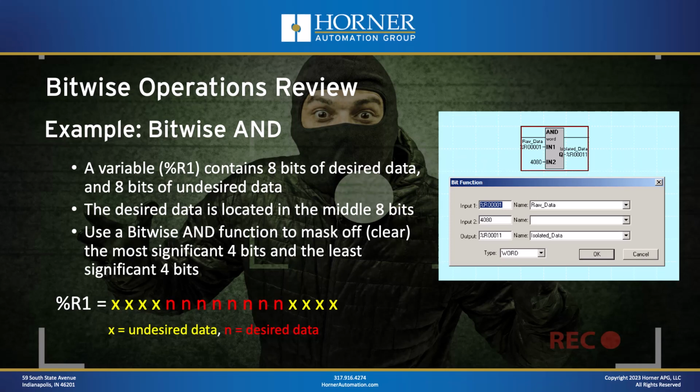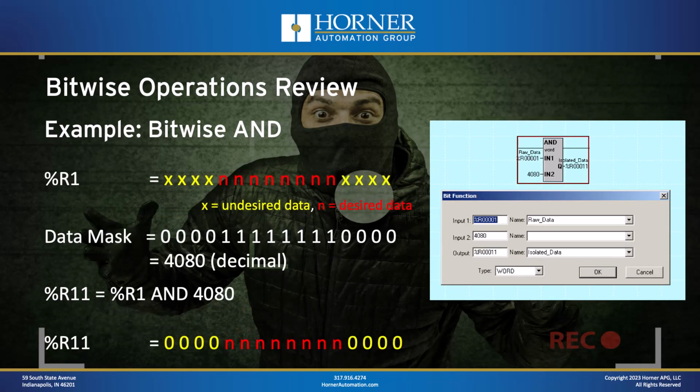Everywhere there's a 0, that bit will just turn into a 0 and be ignored. So you would put a 0 for your mask everywhere you see yellow X's on the graphic, and you would put a 1 everywhere you would see a red N. So you'd end up with a pattern of 4 zeros at the top, 4 zeros at the bottom, and 8 1s in the middle. And when you performed the AND function, you would get back the data in the middle.